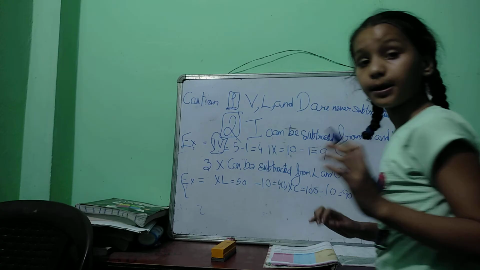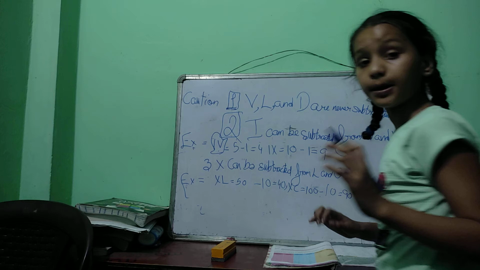One more example. X is the Roman numeral 10. 10 minus 1 is equal to 9. And the Roman numeral 9 is IX. Third, example number 3. X can be subtracted from L and C only. For example, XL is 50 minus 10 is equal to 40.